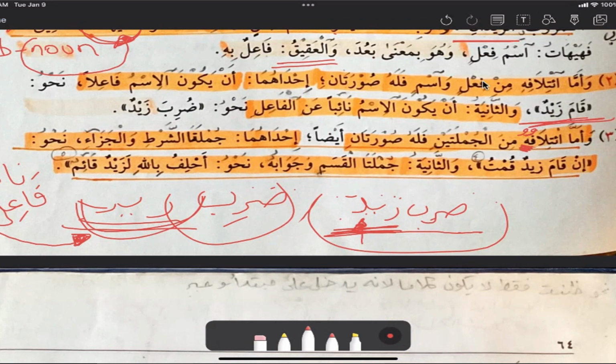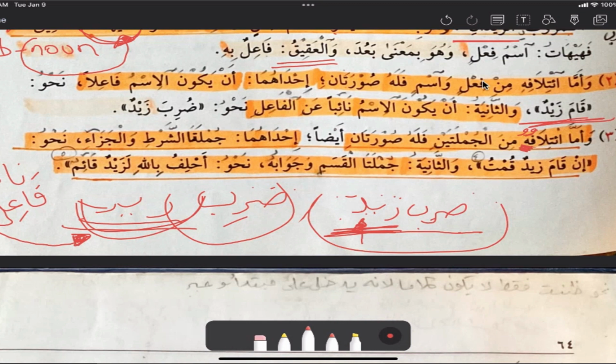The first of them is the case of having a conditional clause and a consequential clause together. Yani, the condition and its consequence. Two sentences. نحو إن قام زيد قمت, such as if Zayd stood, I stood.